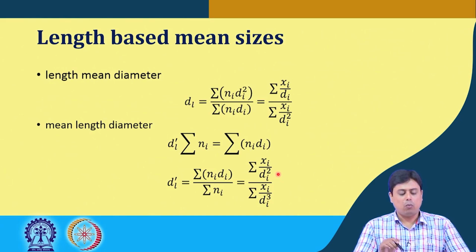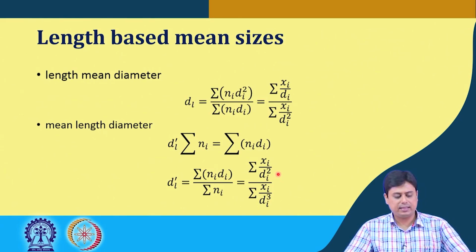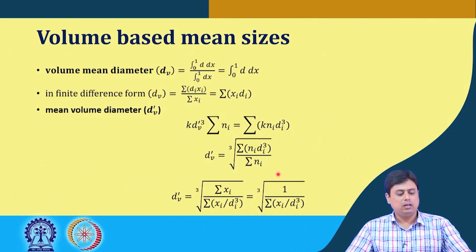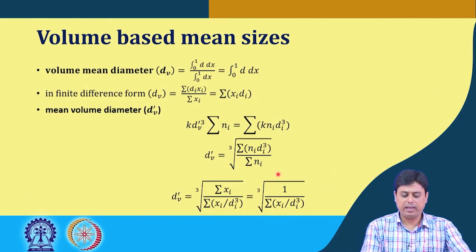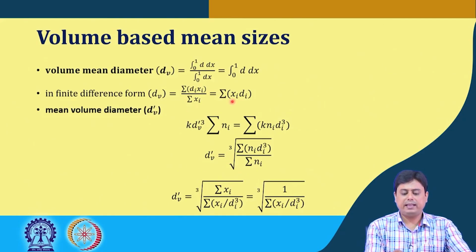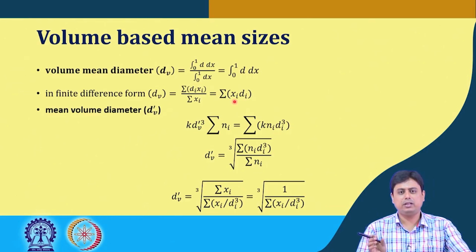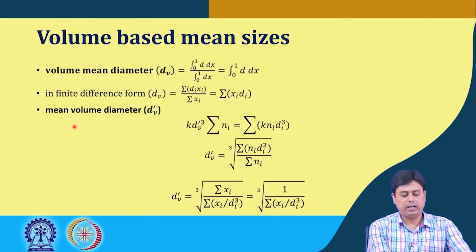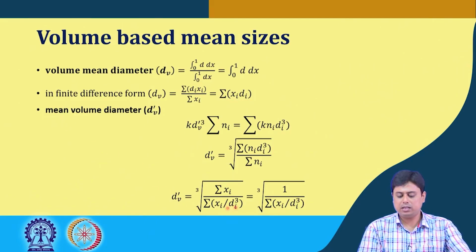So basically what it tells, in the three cases that I have shown, is that one is volume based mean sizes, where we have expressed that in terms of xi di, which is the mass fraction and the diameter of the respective mass fraction. Here also, but it is mean volume diameter.